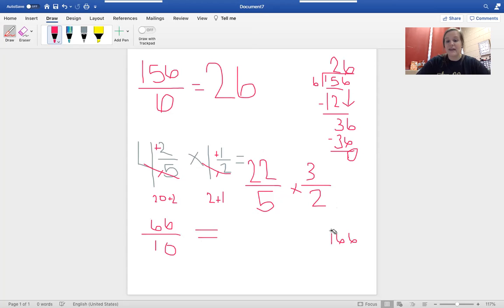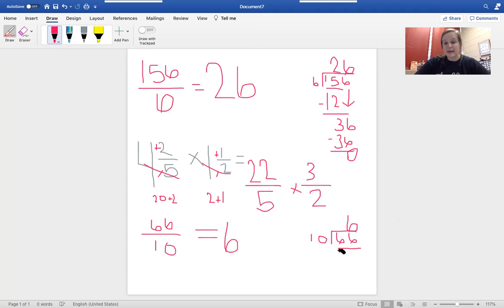66 divided by 10. I know that if I have 6, I cannot make a group of 10, so I need to move on to 66. 10 times what equals as close to 66 as I can get? That's right, guys, 6. So 6 is my whole number, or that big number.